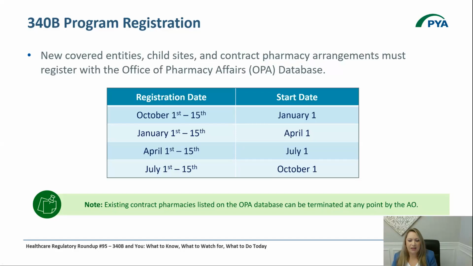This table and timeline doesn't take into account the timing of your cost report filing. For those covered entity types that have to show that specific DISH percentage, HRSA is going to expect to see that on their most recently filed report. So that also has to be factored in when we think about joining for overall program participation. If you're making a revision, such as a child site, it's a little different, or contract pharmacy arrangements, it's a little different there. But those initial registrations have to take that into account as well.